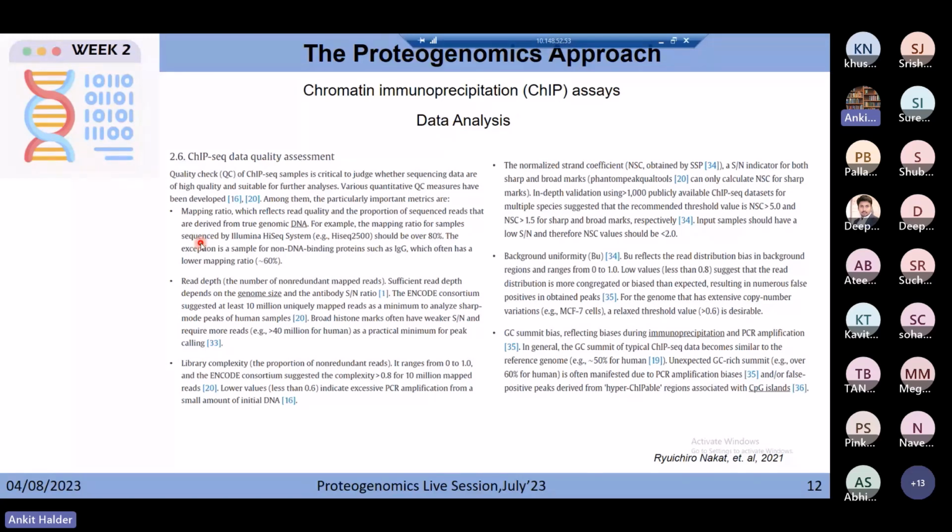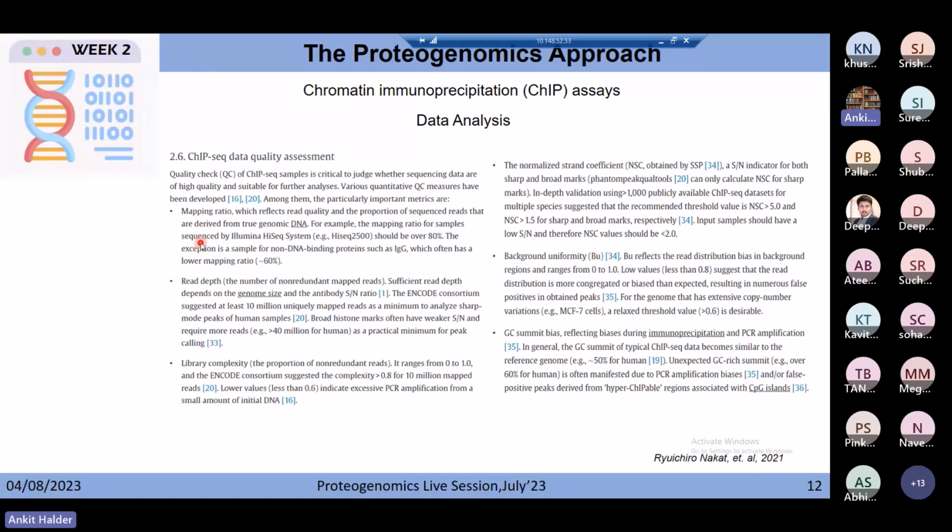Like in normal sequencing data of whole exome or whole genome sequence, there are different parameters like Q30, GC reads, the sequence duplication rate, etc., which we will try to look at in the latest sketch today.